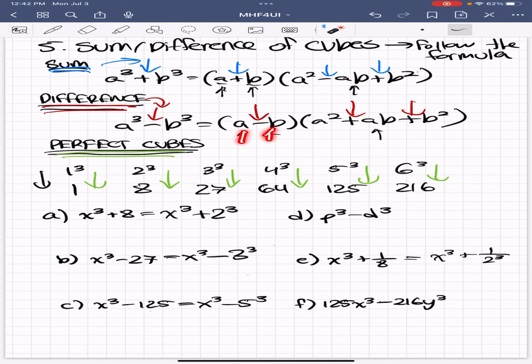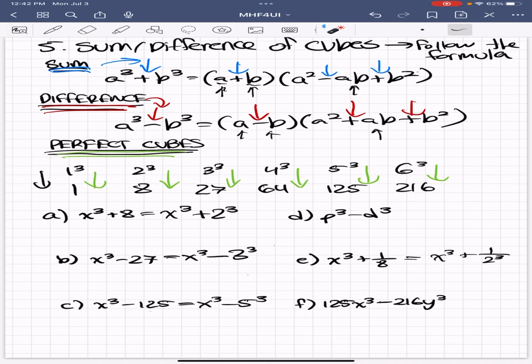So these two terms are connected to this term right here. And in front and behind the middle term, it's a to the power of 2 and b to the power of 2. So memorize where the operational signs lie within sum and difference of cubes. It's something that we'll memorize, just like any other formula as well.